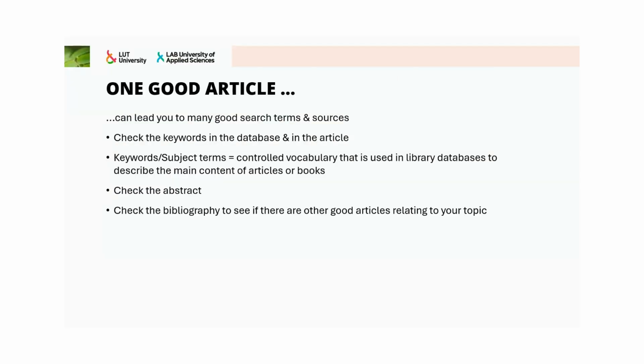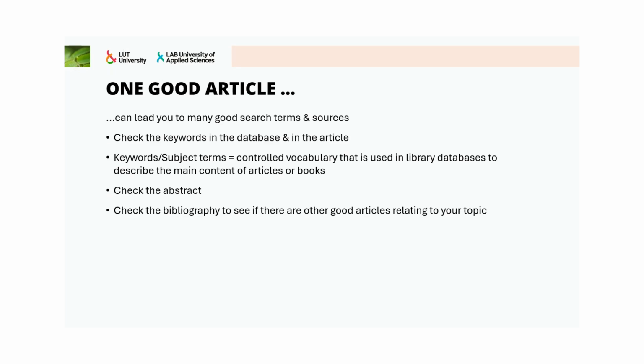Once you have done your initial search, and if you have found even one good article, it can lead you to new search terms and sources. Check the keywords or subject terms in Primo or the database that you are using. Don't forget to check the keywords in the article itself, as they might be a bit different from the ones listed in the databases.